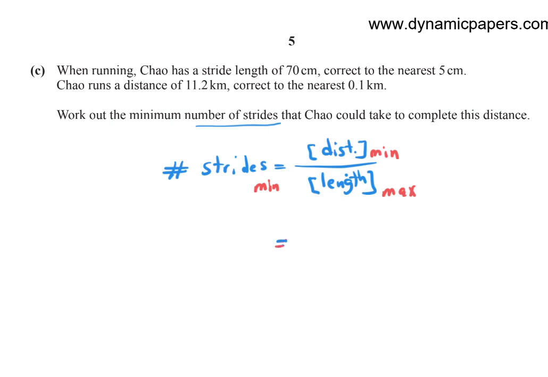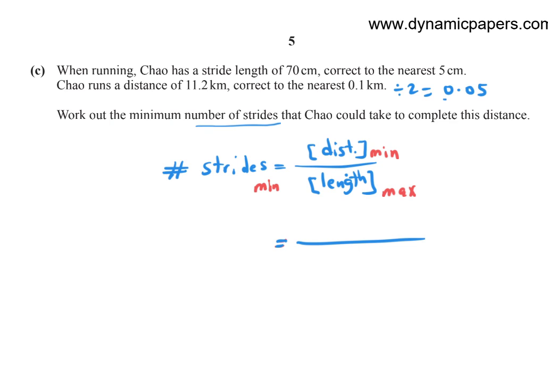Now we need to find the distance lower. The distance is 11.2 kilometers, correct to the nearest 0.1 kilometer. So 0.1 divided by 2, so 0.05.